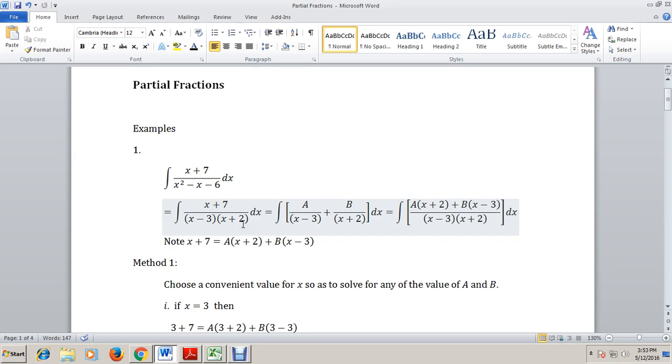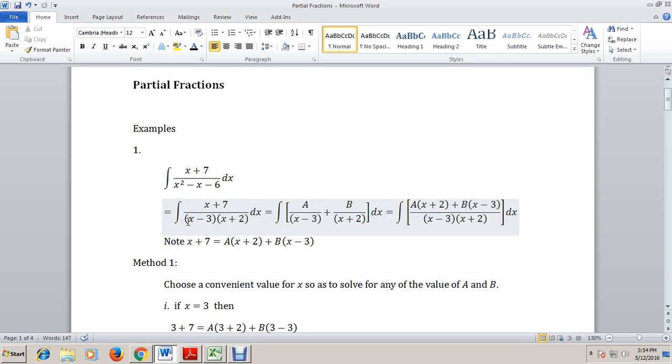In the first step of performing partial fractions, once you have done the factoring of your denominator, the next thing to do is to separate your fraction into separate fractions or individual fractions corresponding to the individual denominators, which are the distinct linear terms in the factors obtained from factoring your denominator.